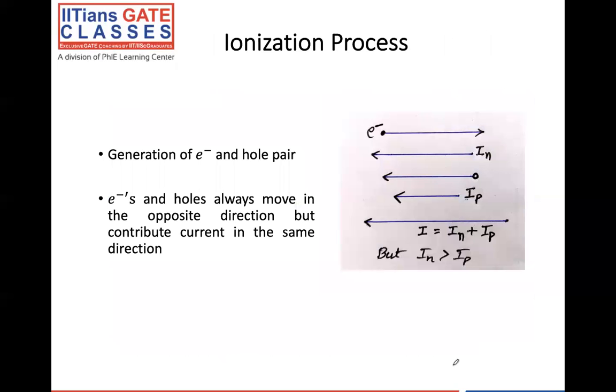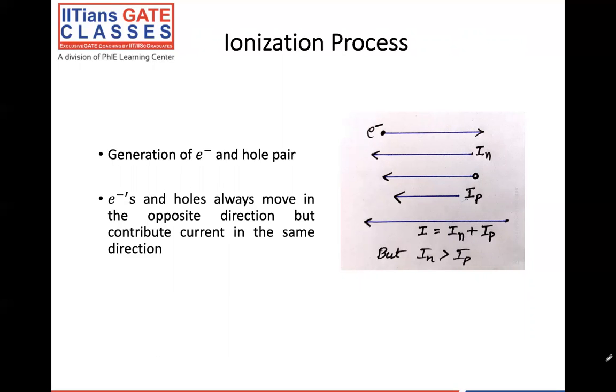Now the process of ionization. What is this? The generation of an electron and hole pair is known as the ionization process. In this, the electrons and holes always move in opposite directions, but they contribute current in the same direction. We should remember this concept.